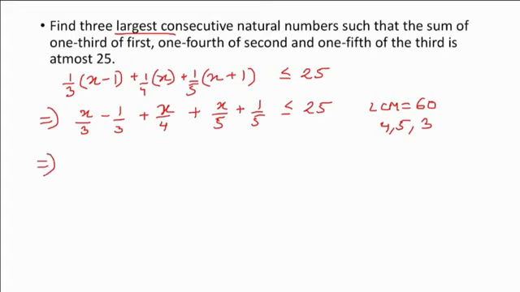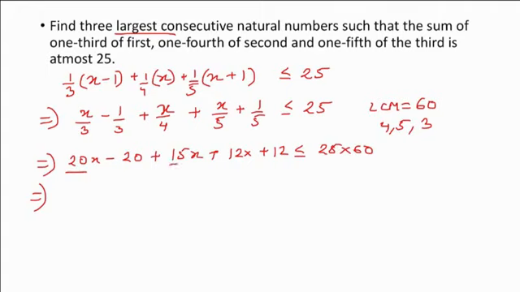So when we multiply by 60, then we get 20x minus 20 plus 15x plus 12x plus 12 is less than or equal to 25 times 60.